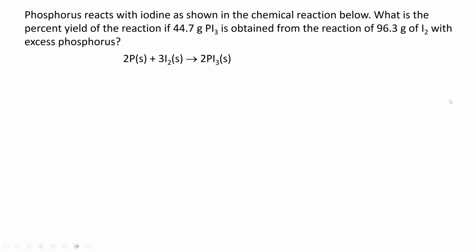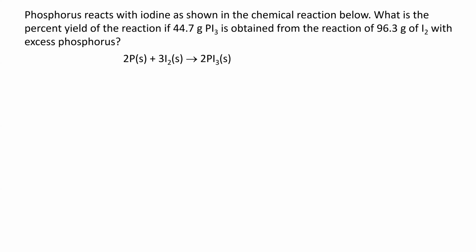So now continuing from our stoichiometry where we just calculated the theoretical yield, here we have a reaction involving phosphorus and iodine. In this example, for phosphorus, we just assume it's monoatomic.